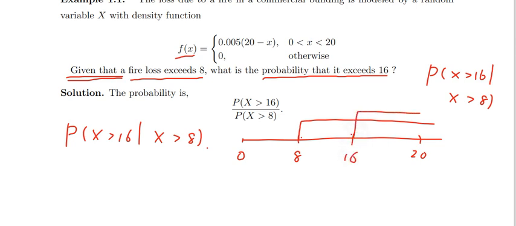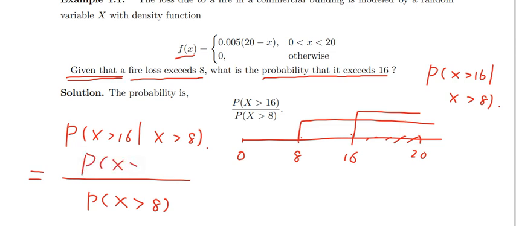This part from 16 to 20 counts for what percentage of 8 to 20? So for this conditional probability, we say the total is x larger than 8, right? Then what is this part? x larger than 16.